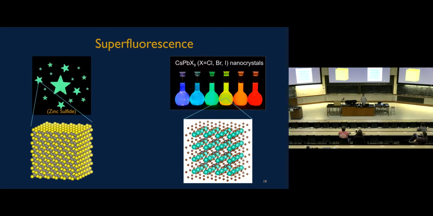Okay. So zinc sulfide is one such material that glows. And it exists in nature in some ways, and that's how we found it. But there are these materials, cesium lead halides, or cesium lead chlorides, bromides, and so on. These materials don't exist in nature. Nothing even close to such materials exists in nature.